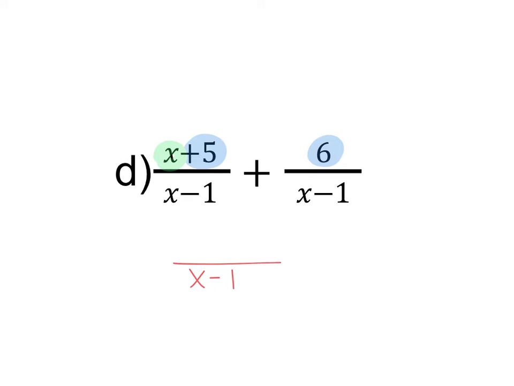So on top, I only have an x, so that's just x. And then positive 5 plus 6 would give me positive 11. Can I simplify that as is? No. Can you factor anything out of the top or the bottom to be able to simplify? Also no. So there is your answer.